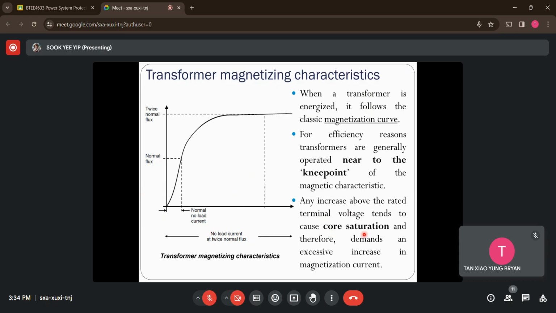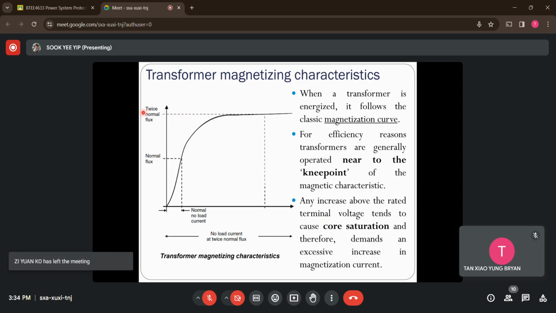Whenever the core is saturated, it will result in excessive magnetizing current flowing through. So whenever the transformer operates higher than the nominal voltage rating, or the knee point voltage here, you will notice that the flux current is much higher, and can reach up to 2 times compared to the normal operating conditions.